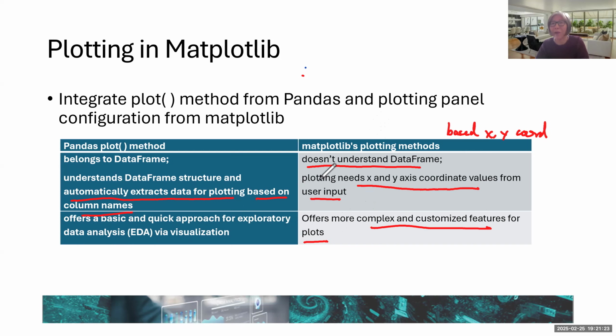So if you want a rich one, then you can choose Matplotlib. But because it's rich, informative and complex, the coding for Matplotlib is also more complex compared with Pandas.